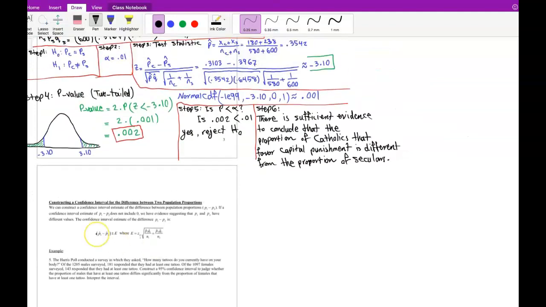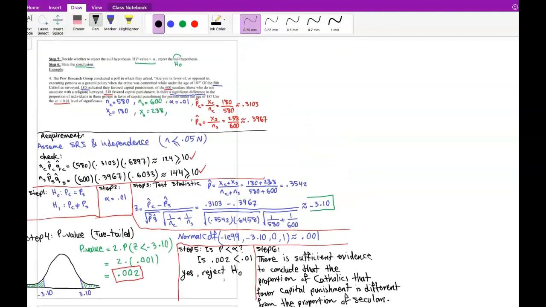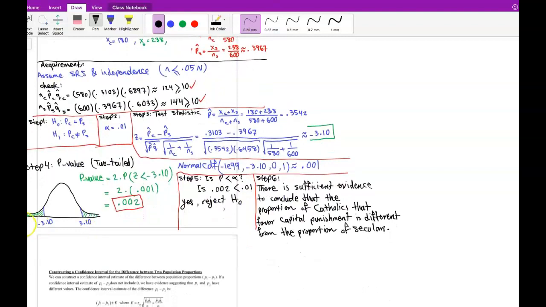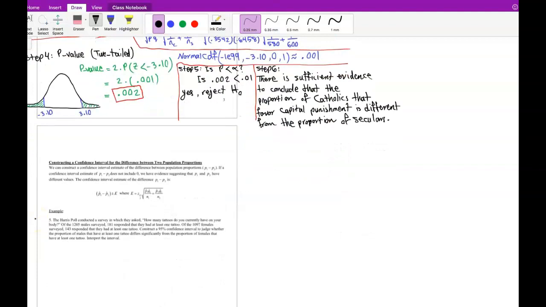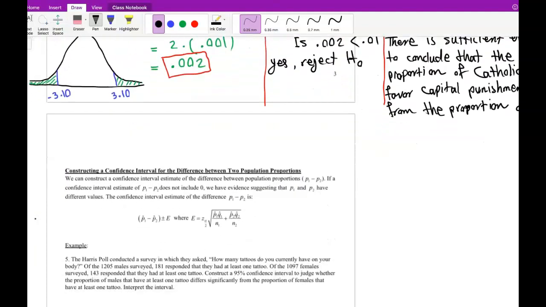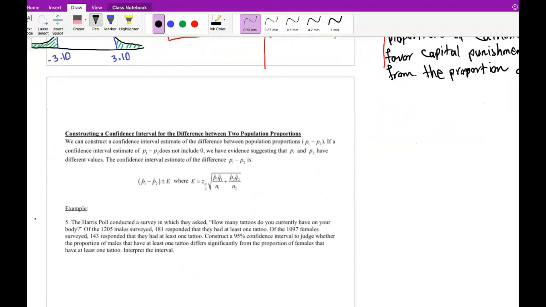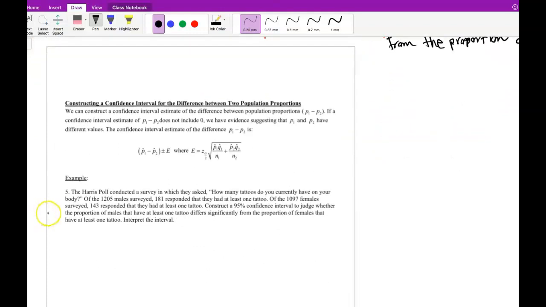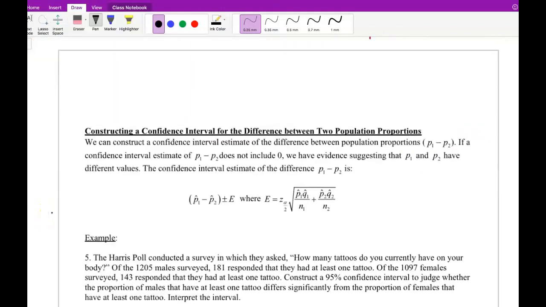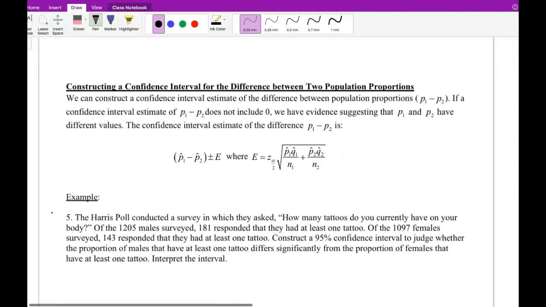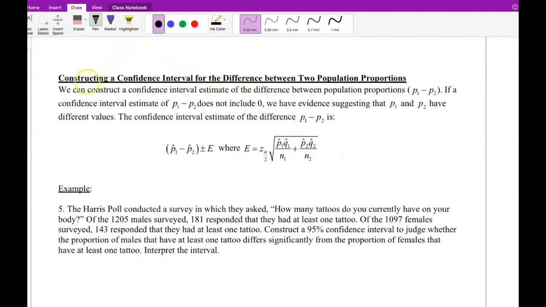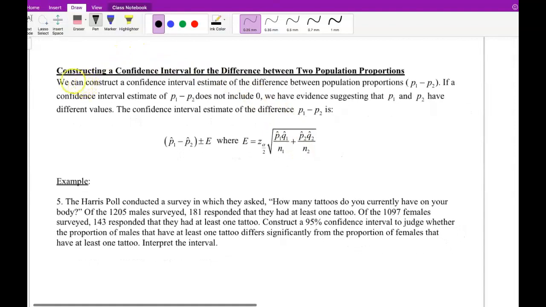Okay, we finished that example. Okay, now next page. Okay, now in this part we want to construct a confidence interval for the difference between two population proportions.